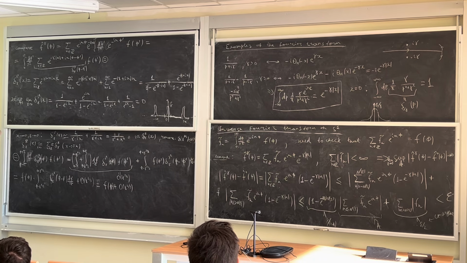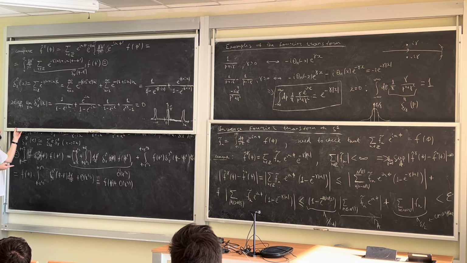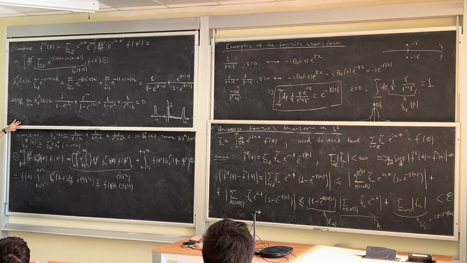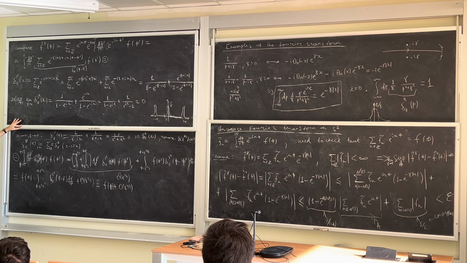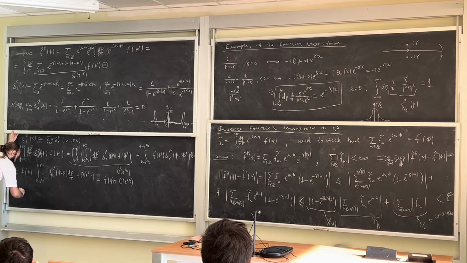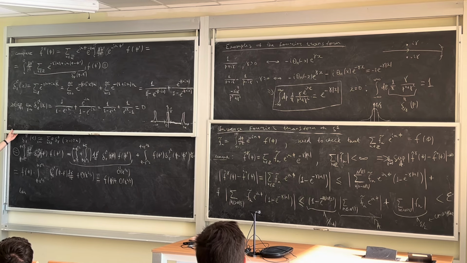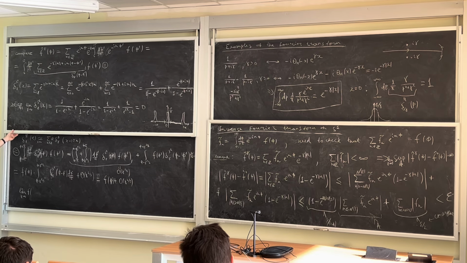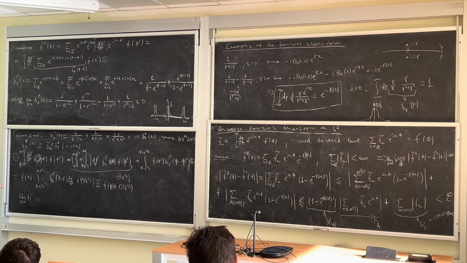So we see that the limit of f hat gamma when gamma goes to 0 is f of phi. Maybe better to say that this is a uniform limit.